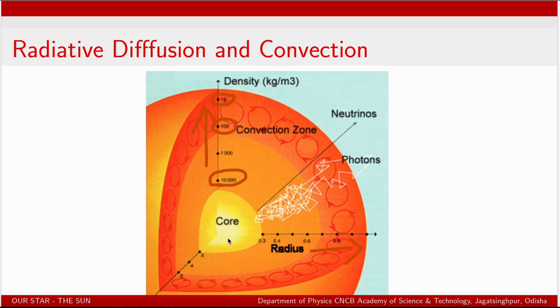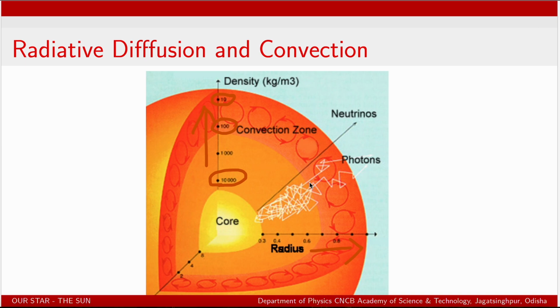So what you see is that the radiation crosses the inner core, then it is in the radiative zone, where it performs a lot of zigzags because of the diffusive process. Here it is stuck for a long time, and eventually it will leave this zone, but it takes almost 10 to the power 5 years or more to cross it.